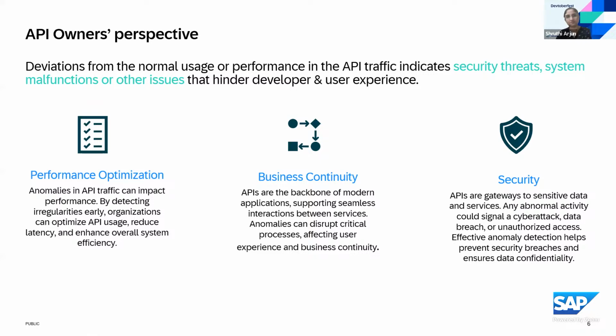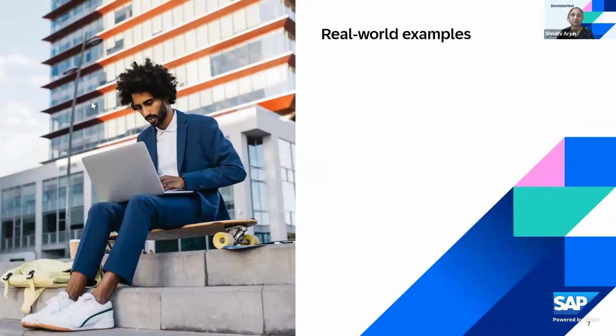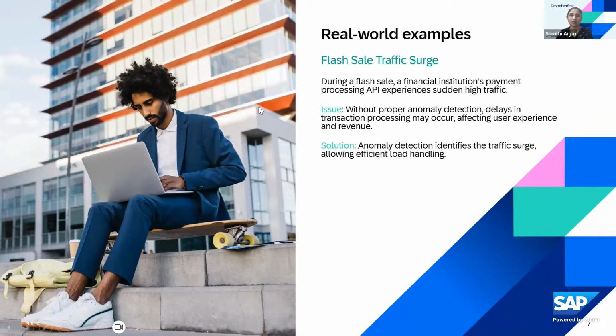In the API traffic. I would also want to take some real world examples, okay? For example, let's say you have an e-commerce marketplace, which is quite popular, and there is a flash sale running. Whenever such a sale is happening, you can expect a surge in traffic, right? And as expected, there would be an API to process the payments.